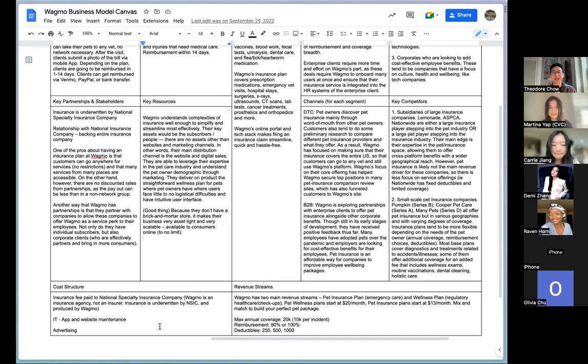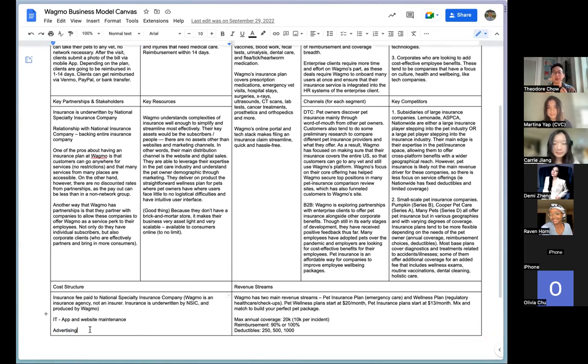A lot of the stuff is like, oh, advertising, yeah, but how much is advertising, or what exactly is the advertising that you're purchasing or subscribing to? Are you using Facebook, Instagram, or TikTok? You know what I mean? A lot of these things I haven't built into this canvas yet, because I was just doing this for practice, looking at another company and trying to dissect its core business components.